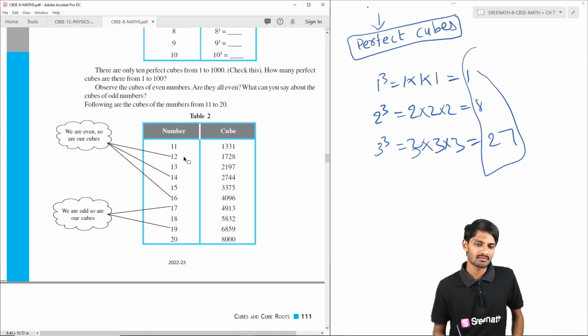If you see here 11, 12, 13, all these numbers, and these are the cubes. Here just observe the even numbers. If you observe the even numbers and their cubes, their cubes are also even. And coming to the odd numbers, their cubes are odd.